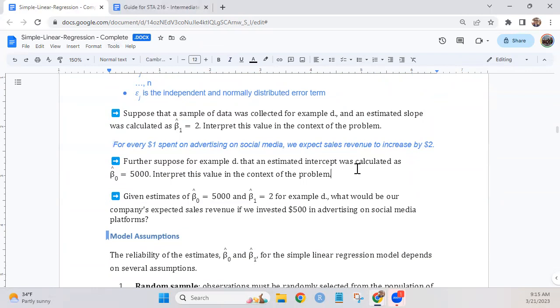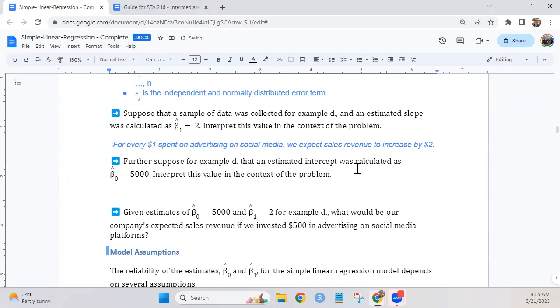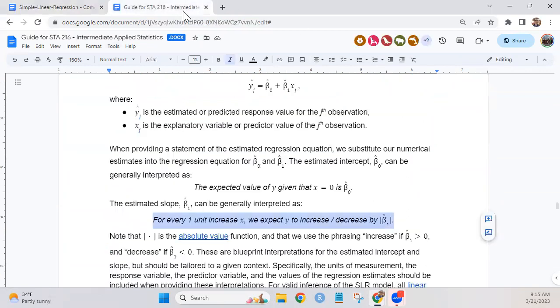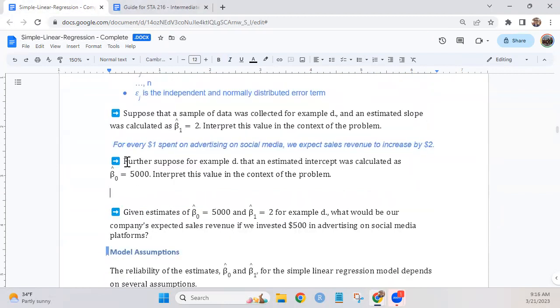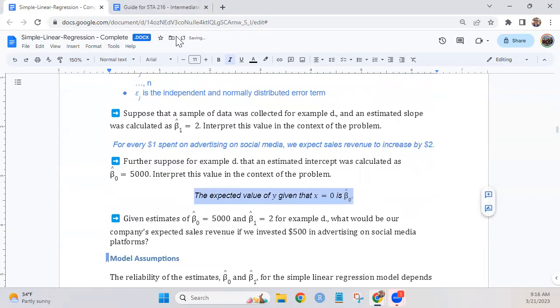Okay, and yeah, let's further suppose in that marketing example, we get an estimated intercept of 5,000. So here we can copy this blueprint interpretation again. All right. So the expected value of, and then instead of y, we'll say the expected sales revenue in dollars.